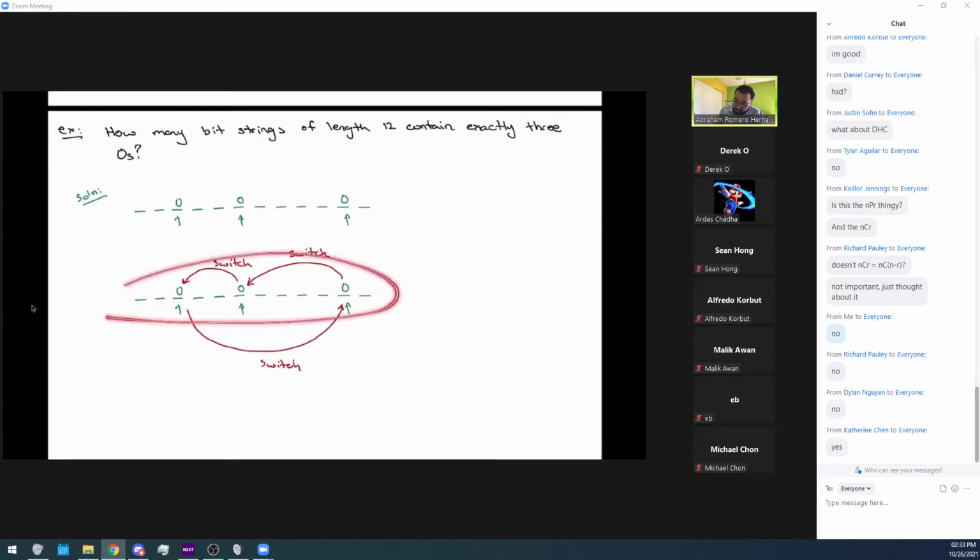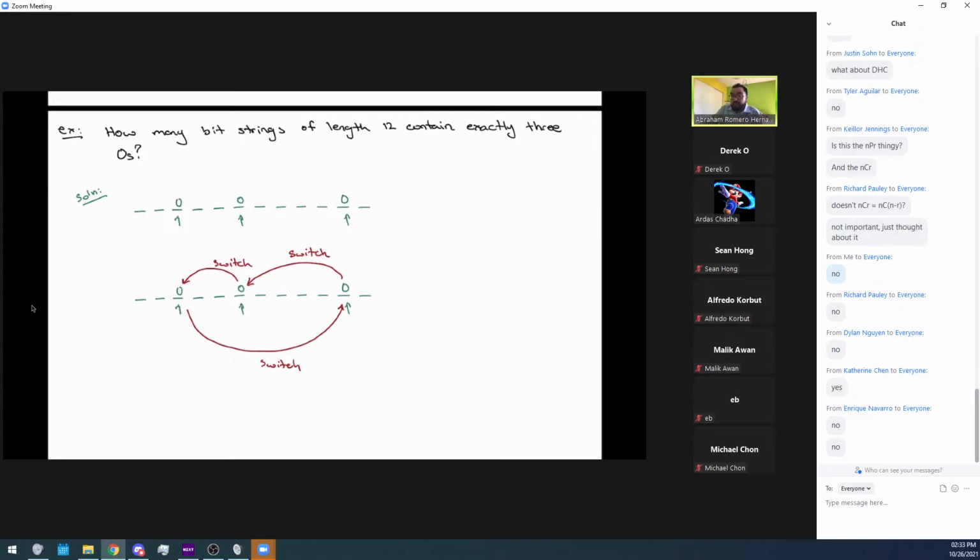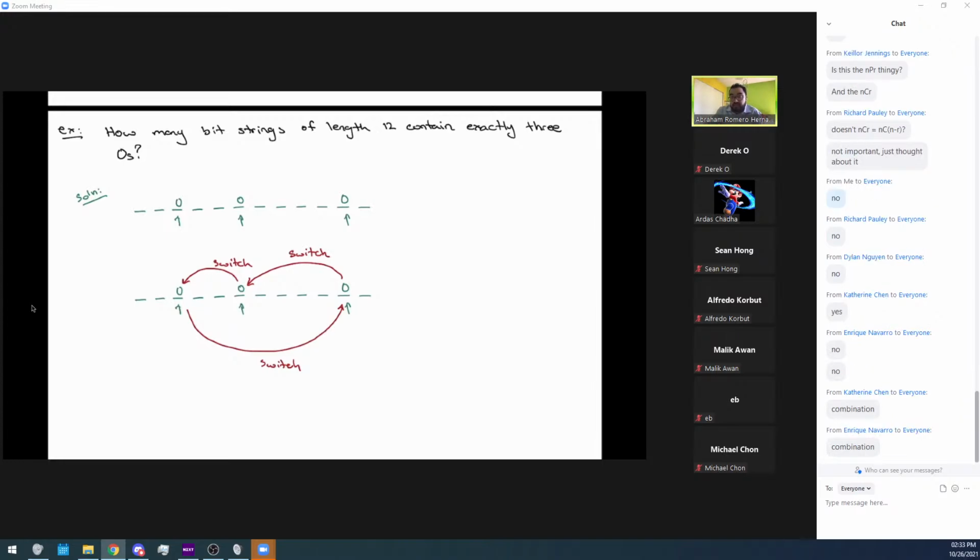Is this bit string any different from this one? No, you're right, it's not. So does order matter here? No, order wouldn't matter. So because order doesn't matter, is it a permutation or a combination? It's a combination, exactly.